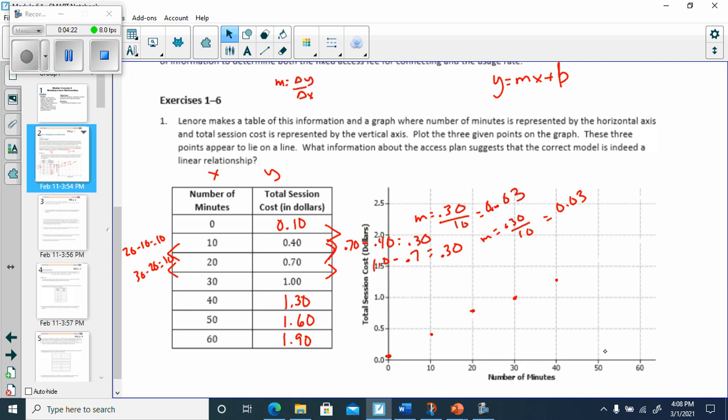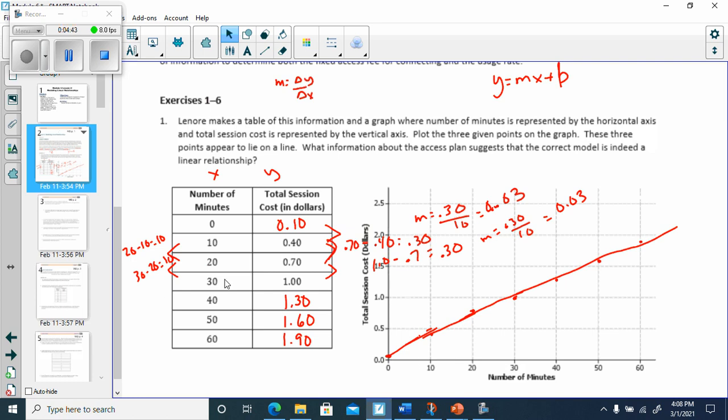At 50 is $1.60, right about there. And at 60 minutes, it would be $1.90, right about there. So all you've got to do is connect your points, and you've got your line. I can't draw very well, but there we go.